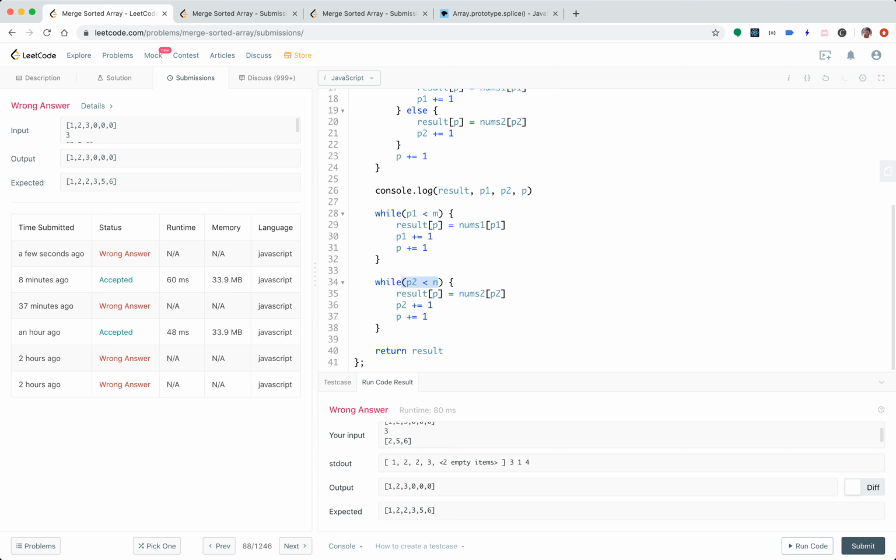Maybe something wrong is here. P2 is smaller than n.